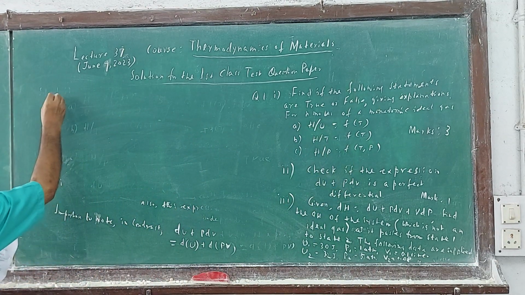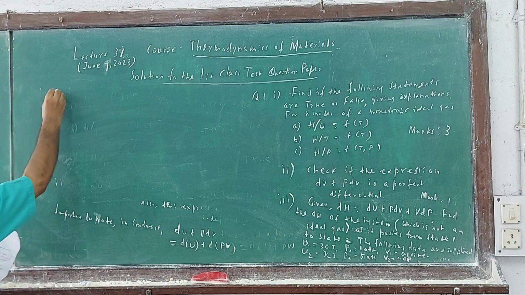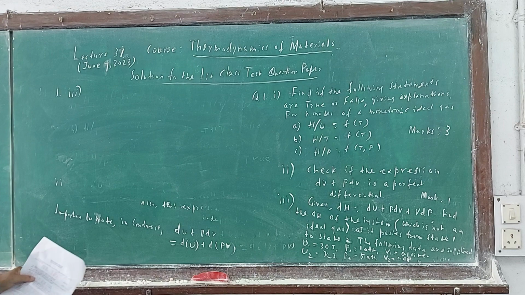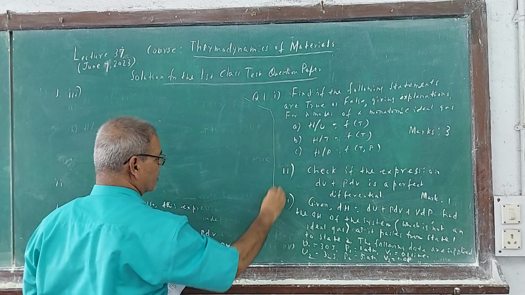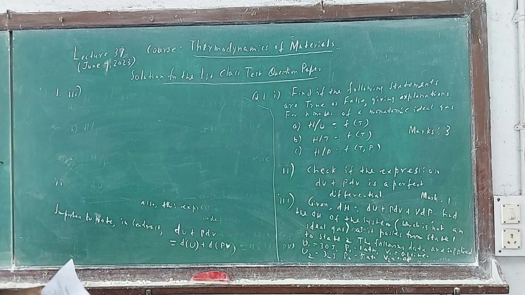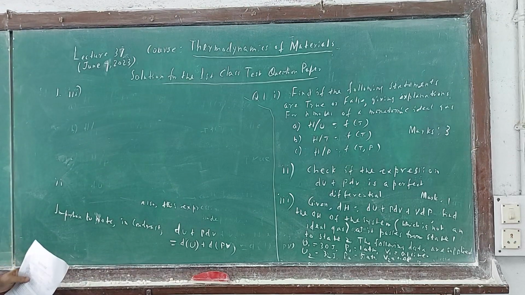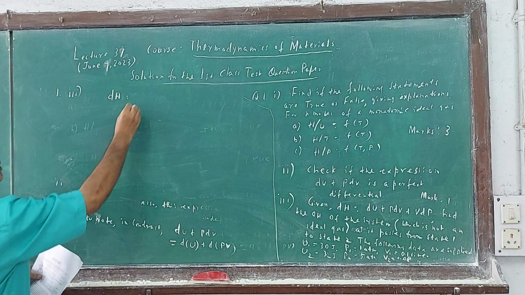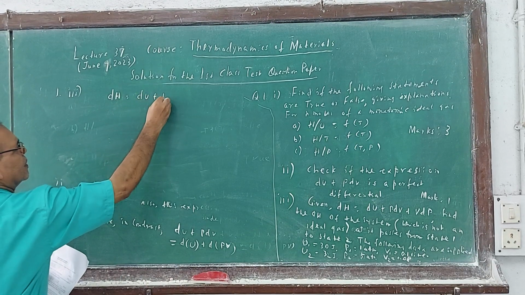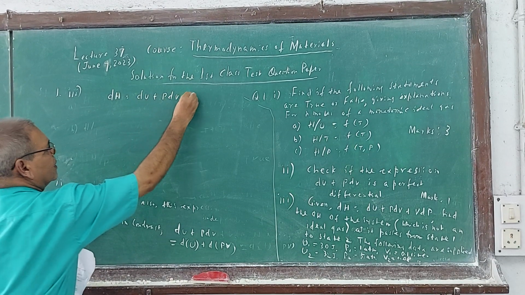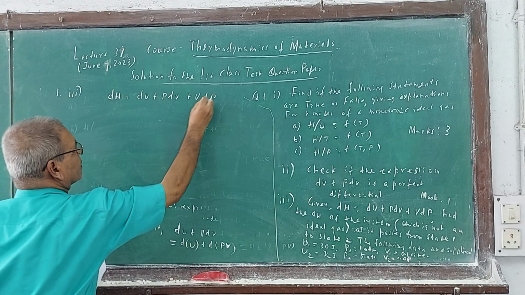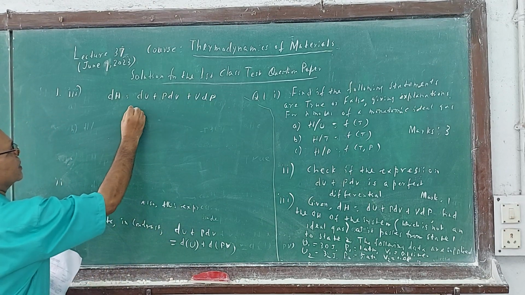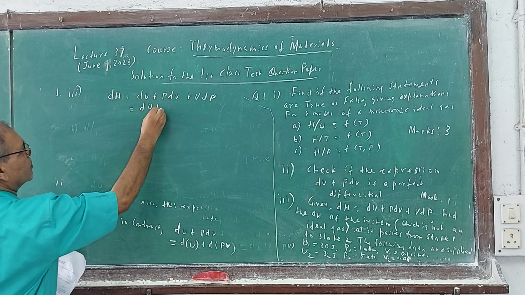So quickly, solution. Solution here. This is the question. Given this, you can do it this way since you are instructed. As I have already discussed, it is du plus d(PV).